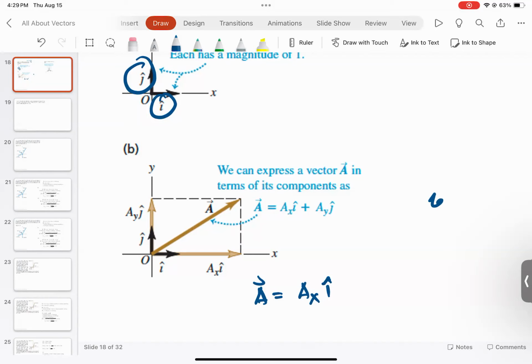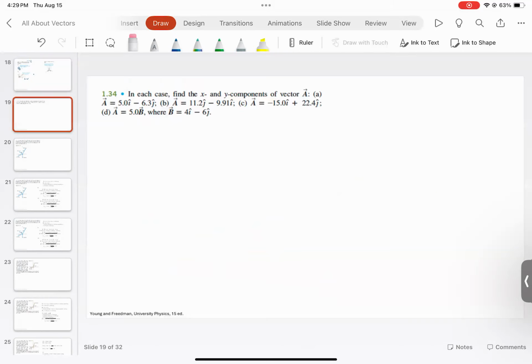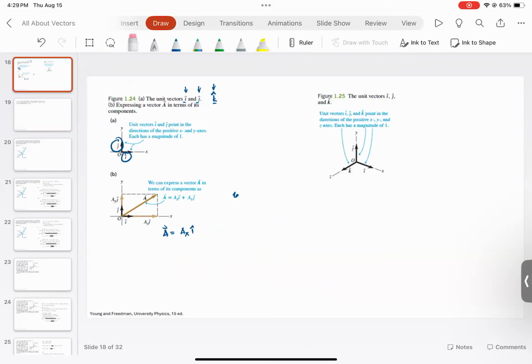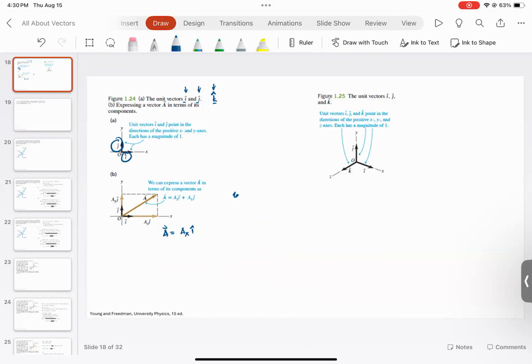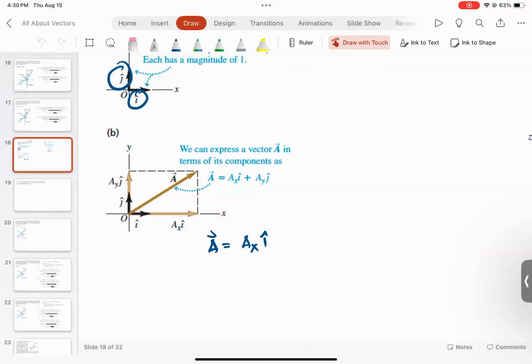Okay, kasi component siya along the y-axis. Okay, and then, plus AY, component ng A along the y-axis, then J hat.